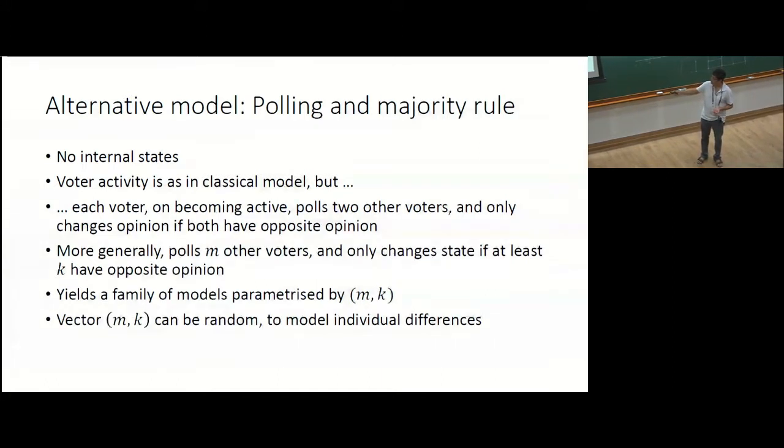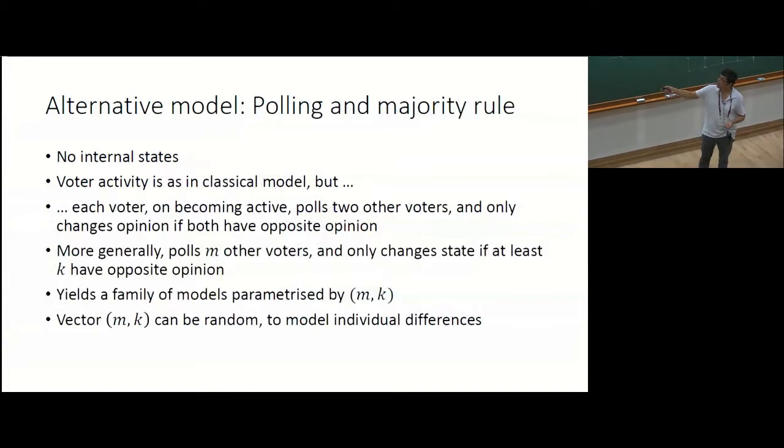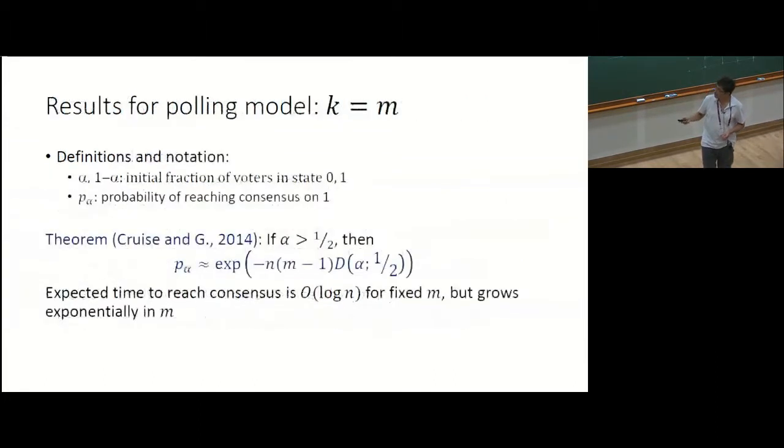So you have a whole family of models parameterized by M and K. In all of them, you get essentially the same result. This is if K equals M. You again get error probabilities decaying in the population size. The relative entropy plays a role. And if M equals 2, you get back exactly the same result as the three-state model.